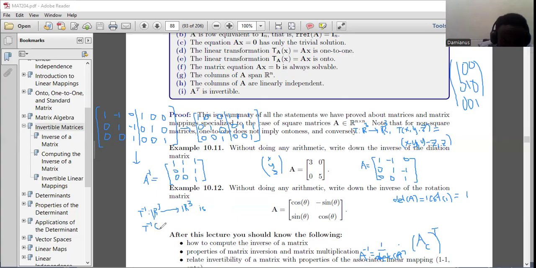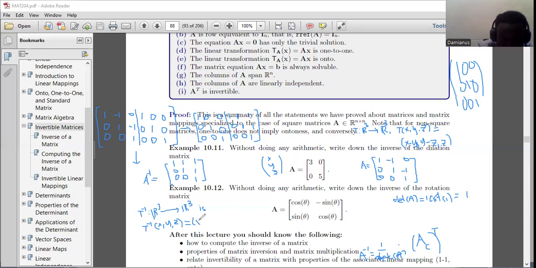This takes an element x, y, z from R3 to, well, here I'm just writing down.